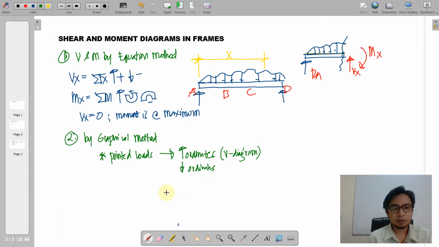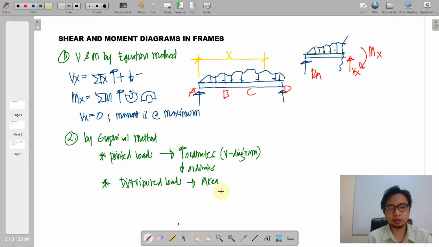And as another basis, if we have distributed loads, we'll just have to refer to the area of that distributed load, and this area shall be added or deducted from the existing ordinate of the shear diagram.